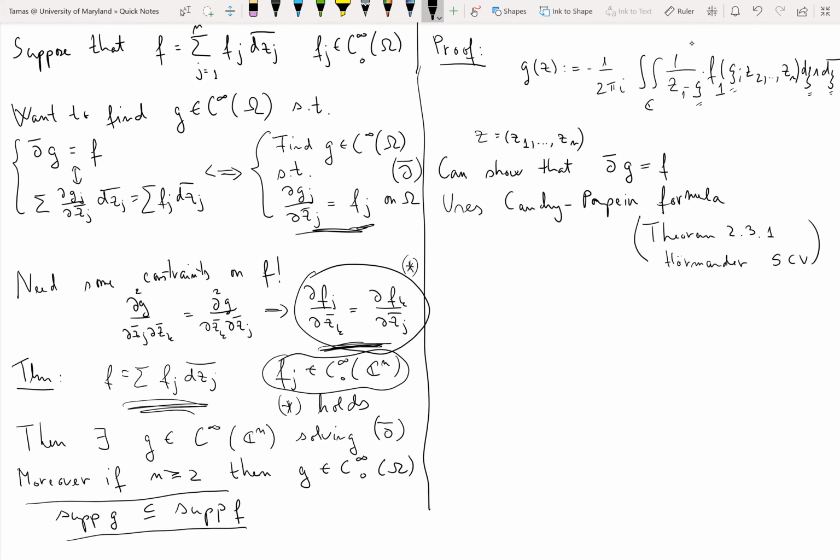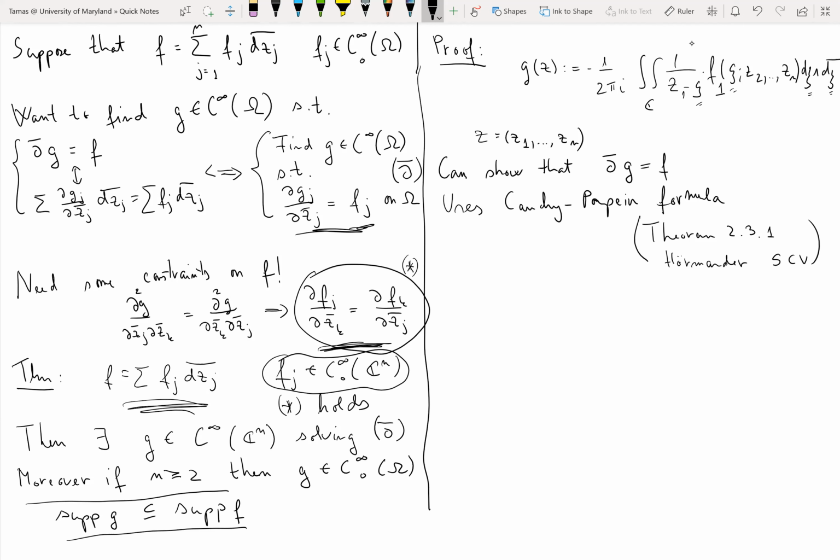So if n is greater than 2, I want to argue that this G(z) is going to have compact support. So why is that exactly? Let's take a look.